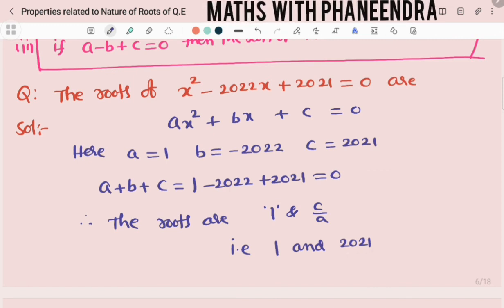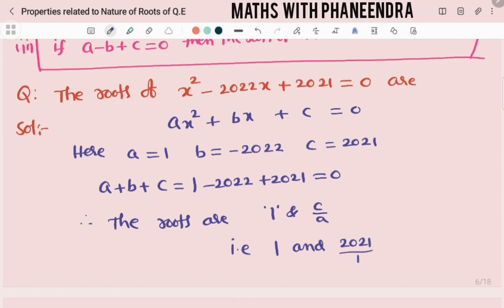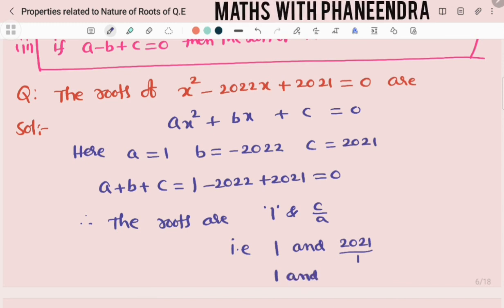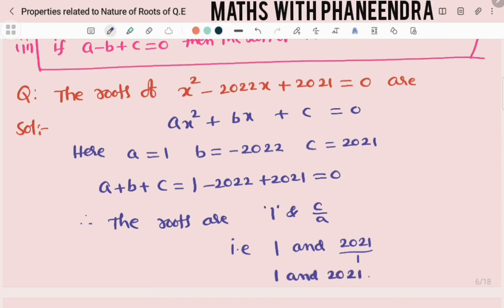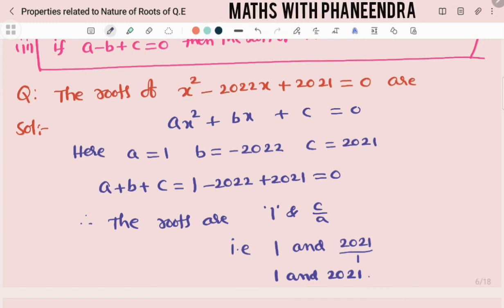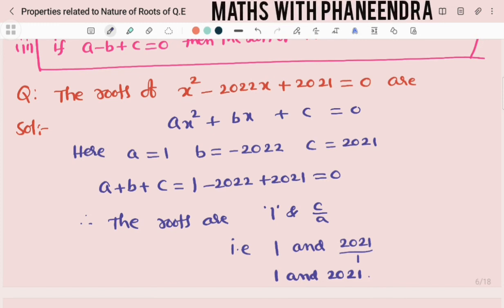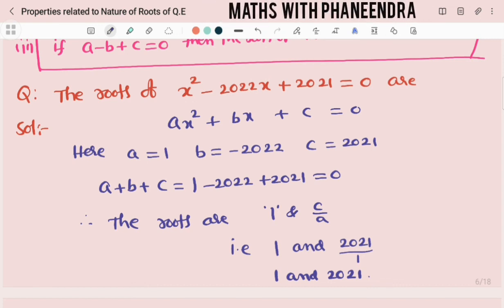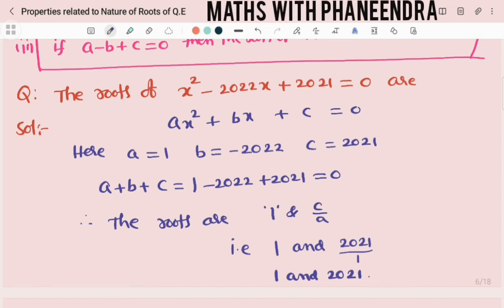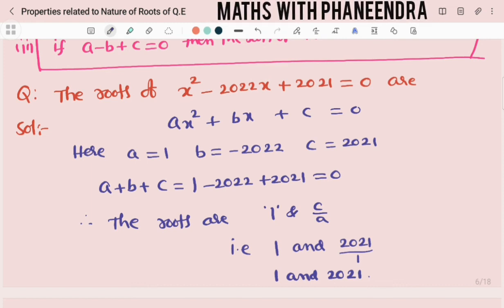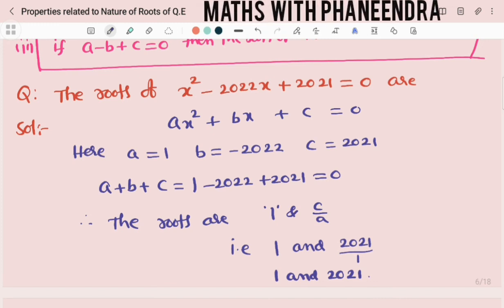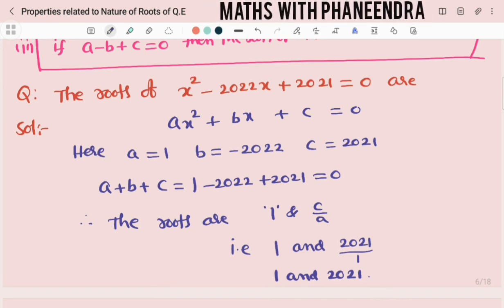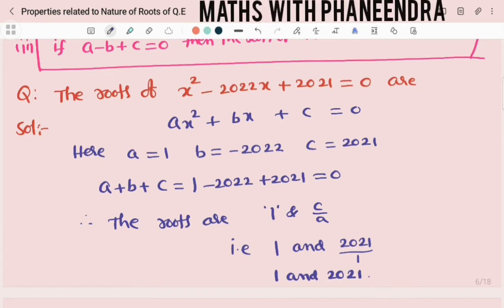So I am not writing the division by 1; we can write it as 1 and 2021. So we get it easily by the concept of the sum of the coefficients. I hope everyone understands this concept. I have given examples also.